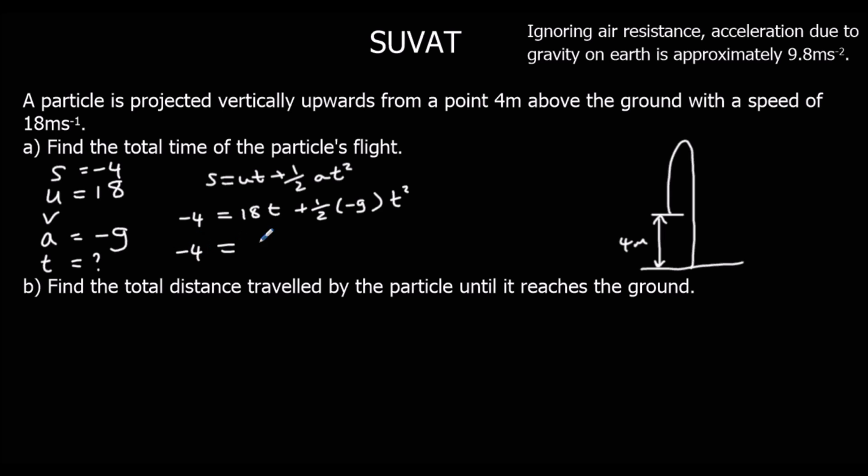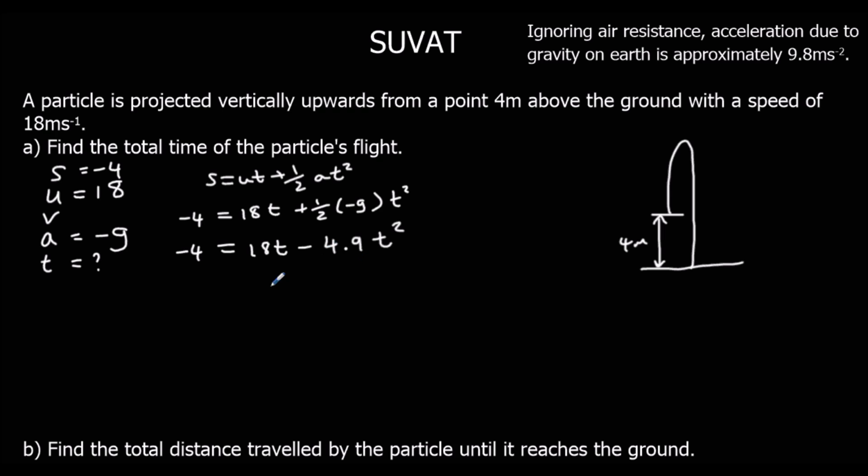So negative 4 equals 18t minus, if we change g to 9.8, half of 9.8, so 4.9 t squared. So we're going to need more room. So if we take everything over to the left side, we've got 4.9 t squared minus 18t minus 4 equals 0. So we use the quadratic formula.